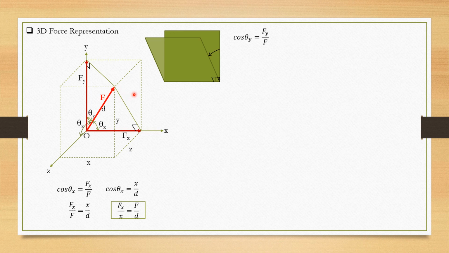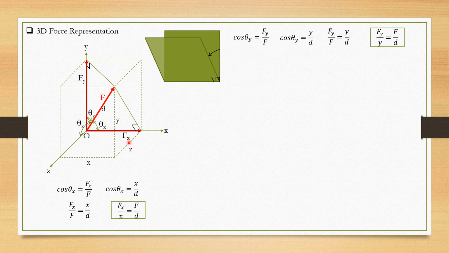And in terms of distance, cosine theta y is equal to y, because this is y, over d. So y over d. So equating cosine theta y, we have Fy over F equals y over d. Then again, we interchange position between F and y so that we can easily recall the equal ratio as Fy, or the y component of force, as to the y component of distance equals the force over distance.